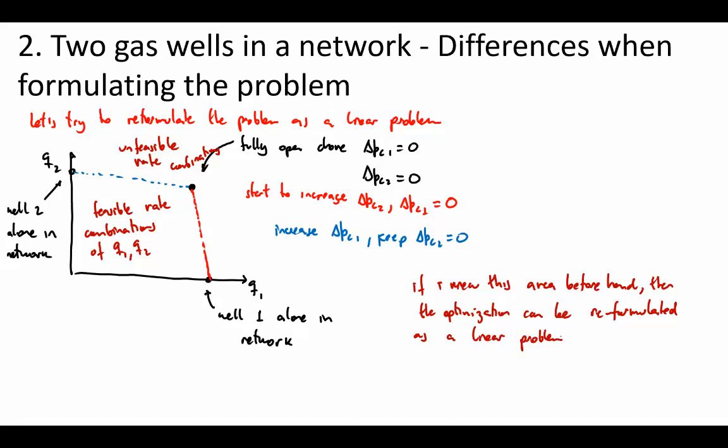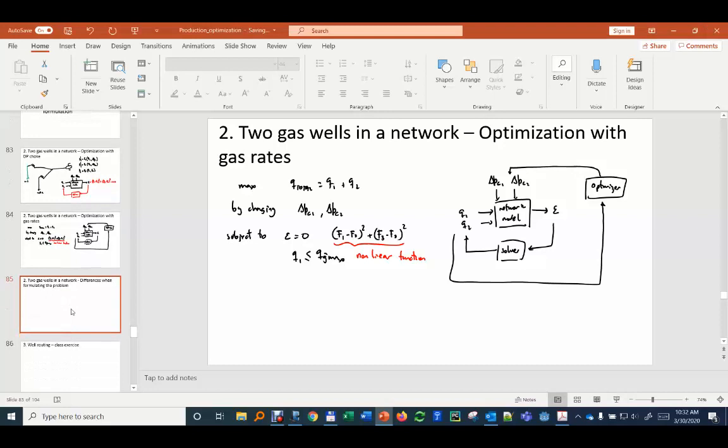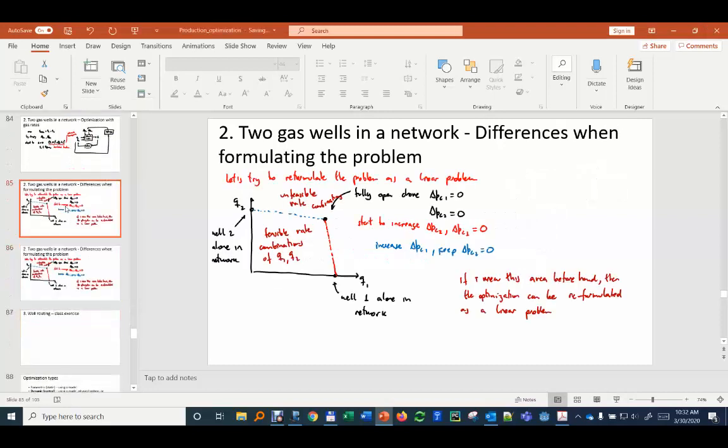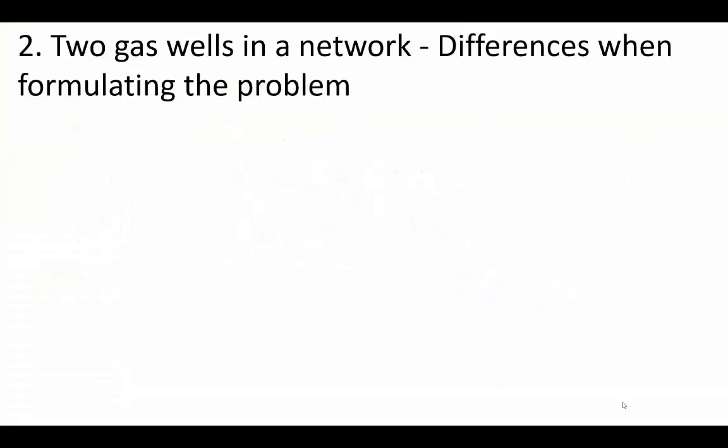Okay, the linear problem is essentially: maximize Q1 plus Q2, that's Q total, subject to Q1 having to be less than a Q max, right?